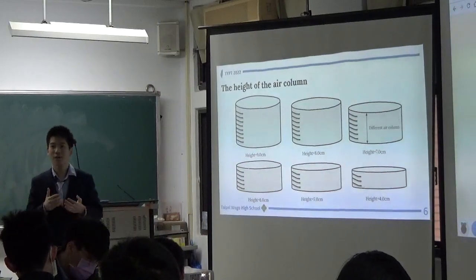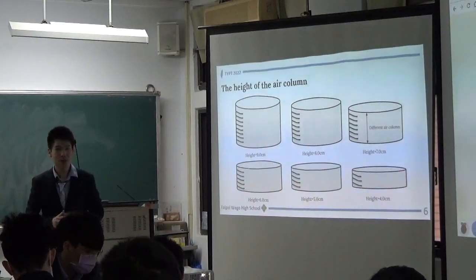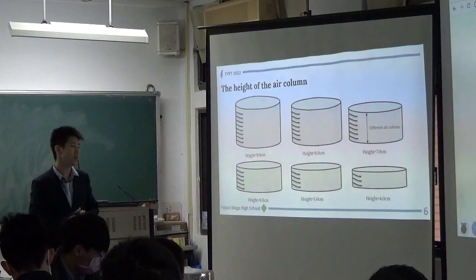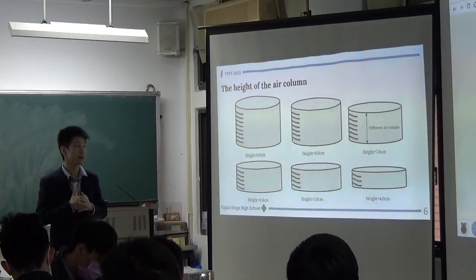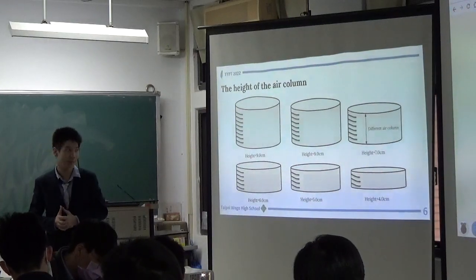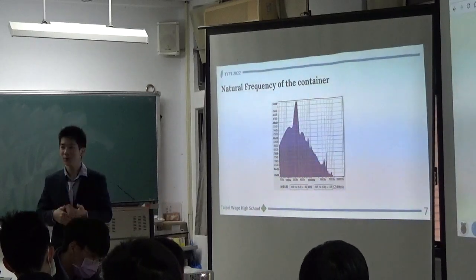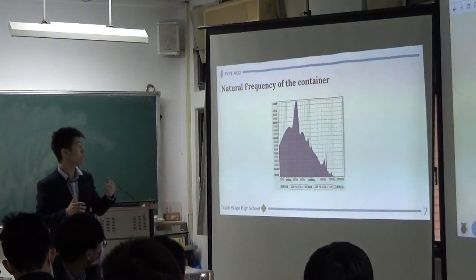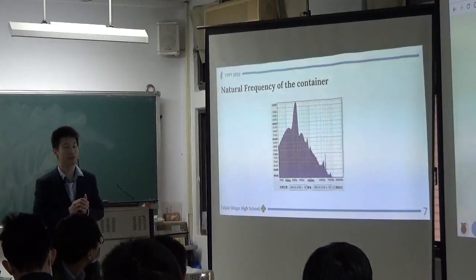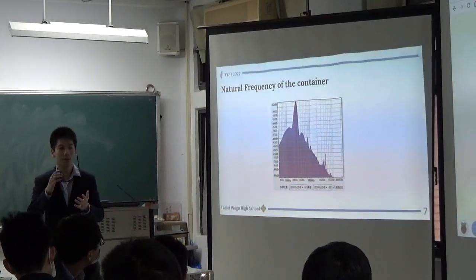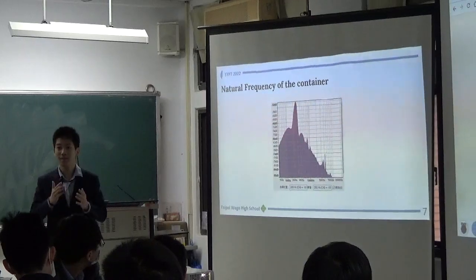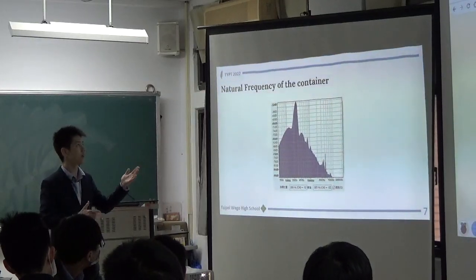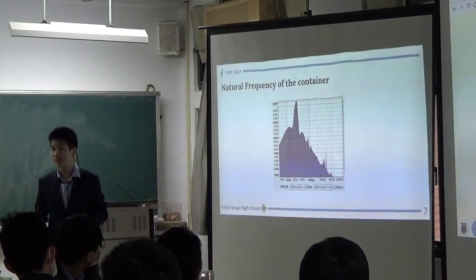So to verify if our theory is the correct one, we do the experiment with different height of the air column. So as you can see, we have 6 different height of the air column for our experiment. So before we start our experiment, we wanted to check out the natural frequency of the container, because if the vibration frequency fits the frequency of the container, it will amplify because of resonance.